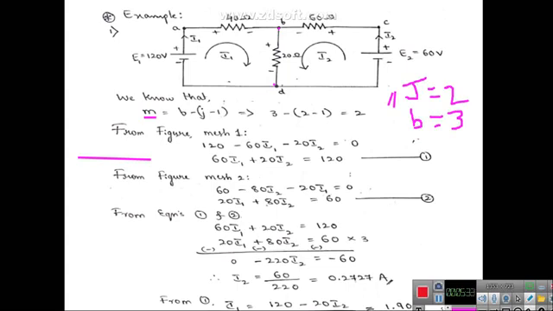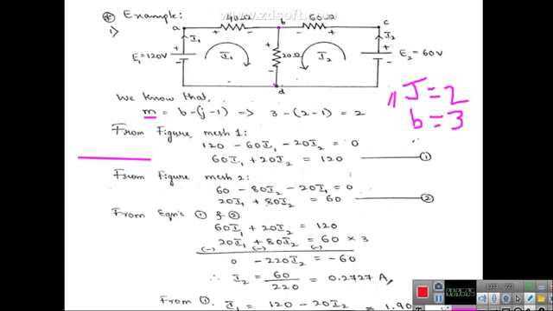Next, once we identify the number of equations to be written, you can go for marking the mesh directions. This is already marked in the diagram. This is your mesh number 1, which I call I1, because this mesh has a source. The current delivered by the source in this path is only I1, so I call the mesh current I1. Similarly, this mesh also has a source.